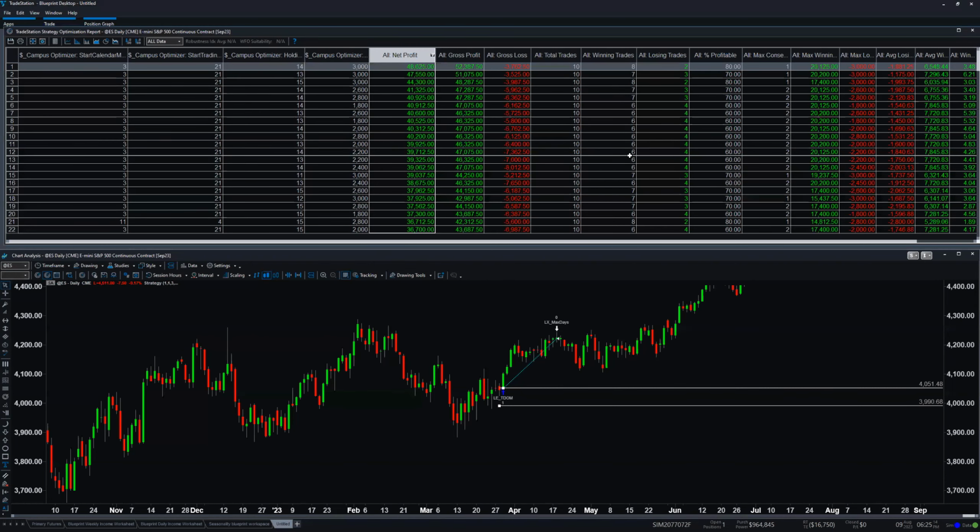Which means that if I use less wiggle room, I may get stopped out more often, and as I get stopped out more often, I make less net profit as a result. Here I have 48,000, and here with a $2,000 stop loss, I only have 39,000, right? Why is that? Well, because I had 6 winners here as opposed to 8 winners. So I had 2 more losers.